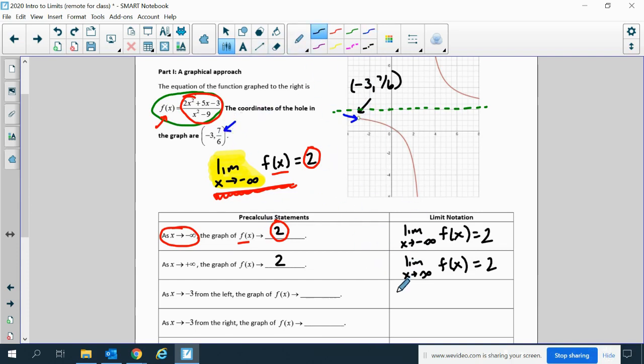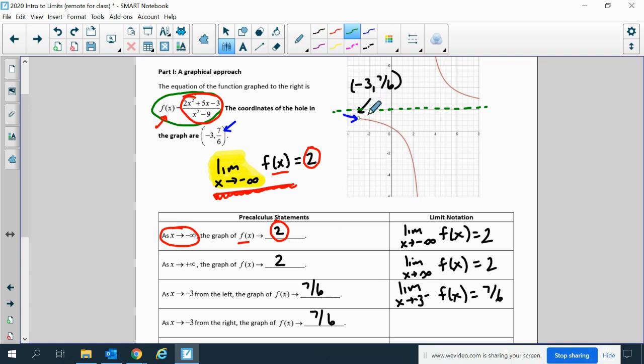So we would say the limit as x approaches negative 3 from the left, and we put a little negative sign up where an exponent would be, of f(x) equals 7/6.